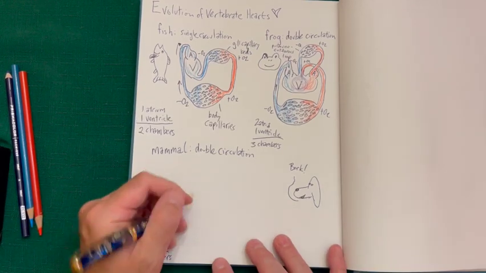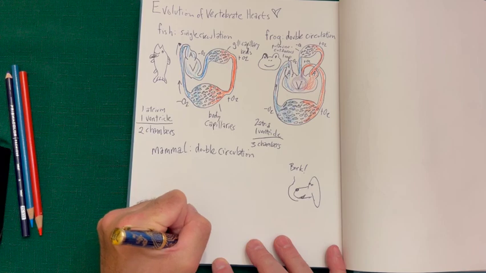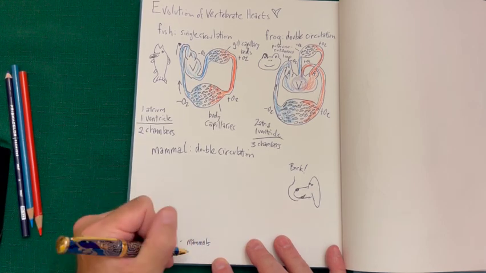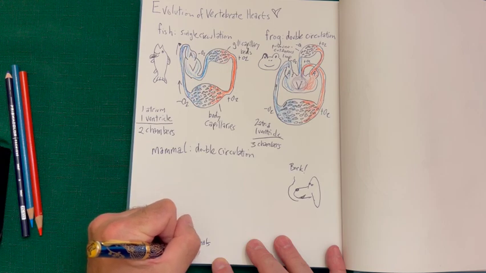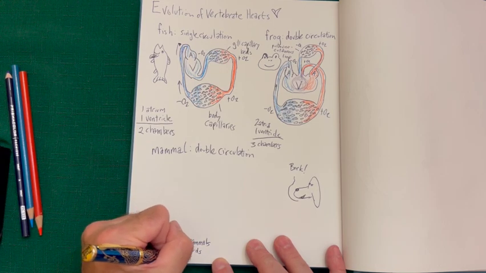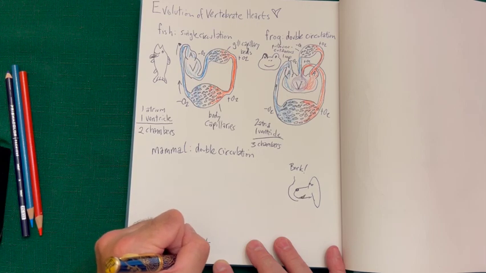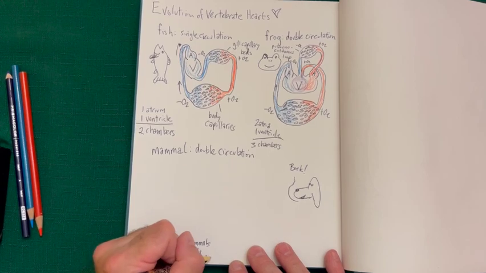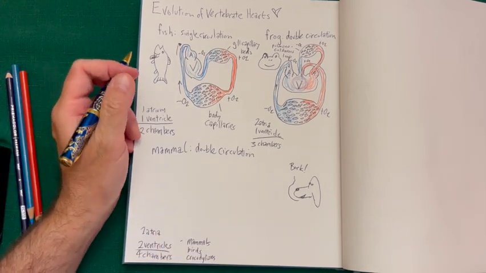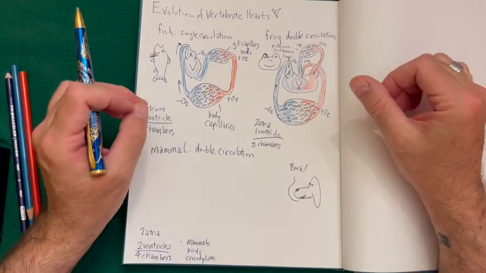And this is something that we see in not just mammals, but by convergent evolution, we also see it in birds and crocodilians as well. They have a 4-chambered heart.